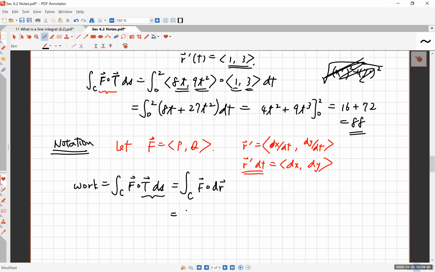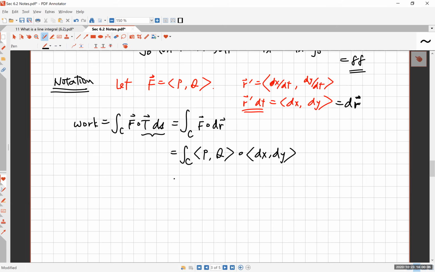Also, now this is a new thing, it could also be written as, because F is (P, Q), and dr, well, what's dr? Dr is another way of saying r prime dt.